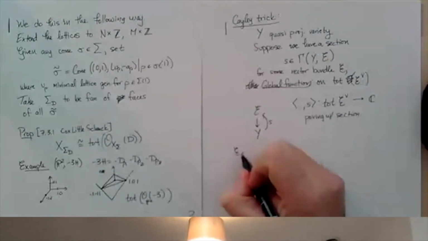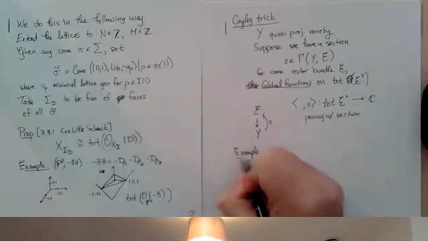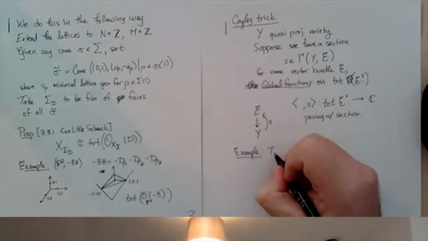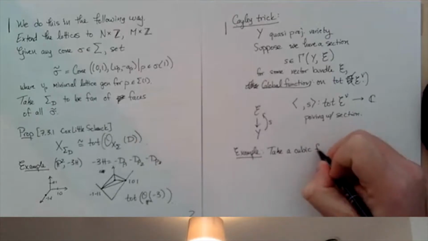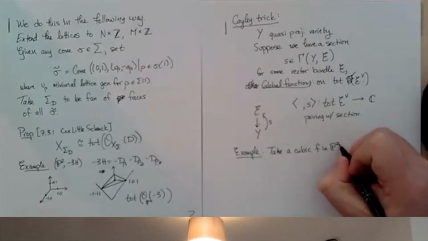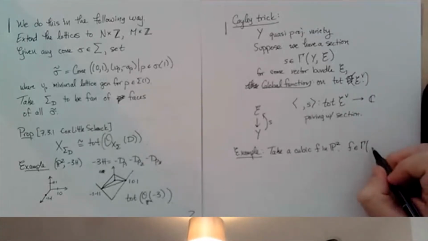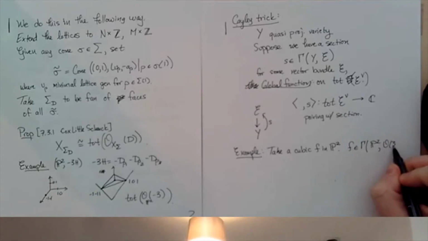So doing this in the following example. So we take some cubic f in P2, right? So then f is inside gamma of P2, O of 3.